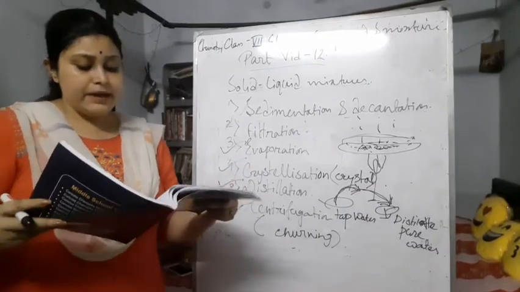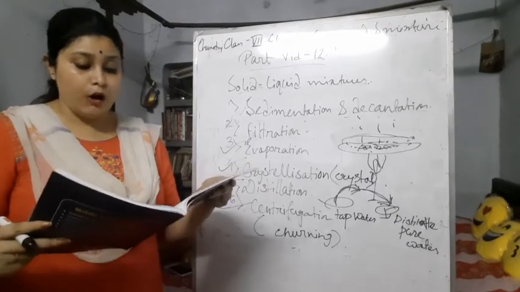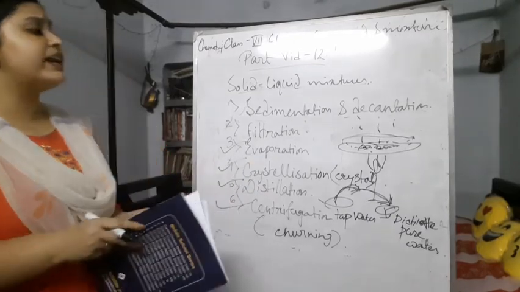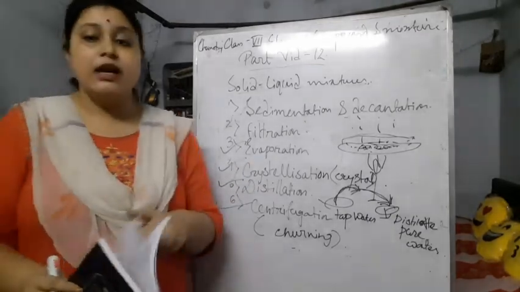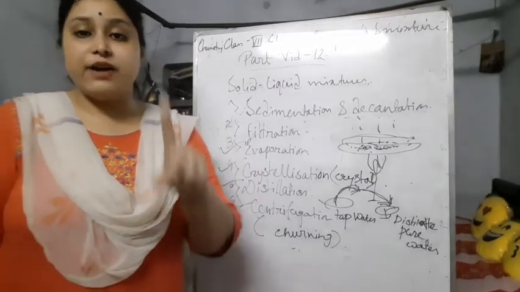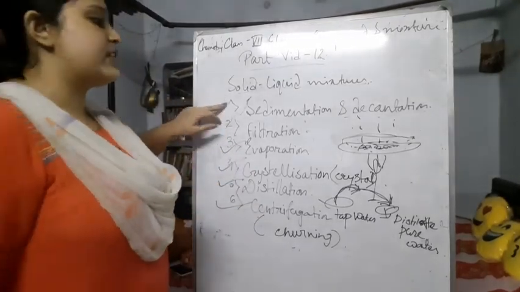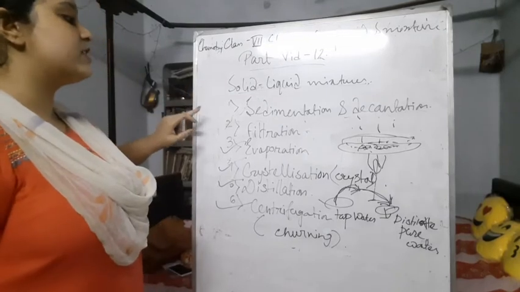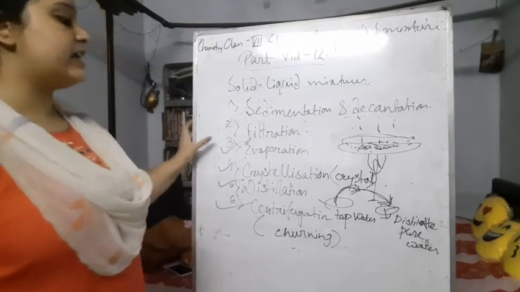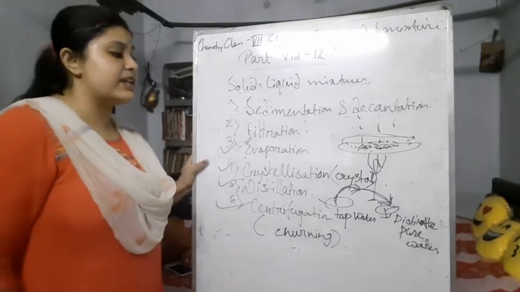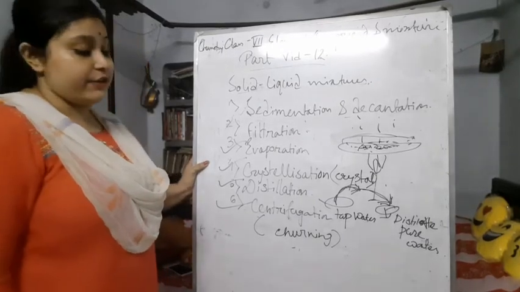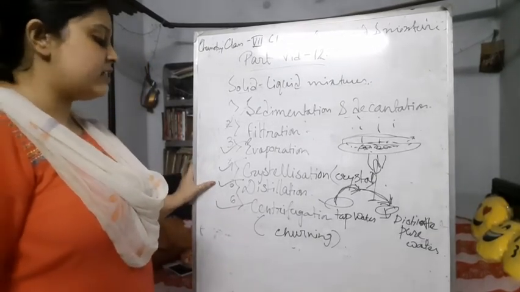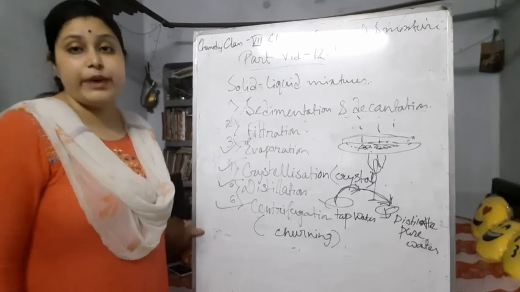By this I am completing the part on solid-liquid mixture separation. The six procedures I am revising: first sedimentation and decantation, second filtration, third evaporation, fourth crystallization, fifth distillation, and sixth centrifugation.